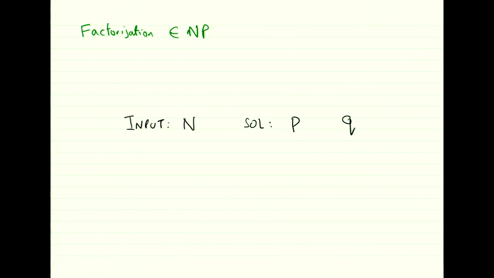Okay? And what is the verification algorithm going to do? I'm going to draw it like a, so it's going to multiply p and q. Okay? I'm just talking about how you verify a solution to this.